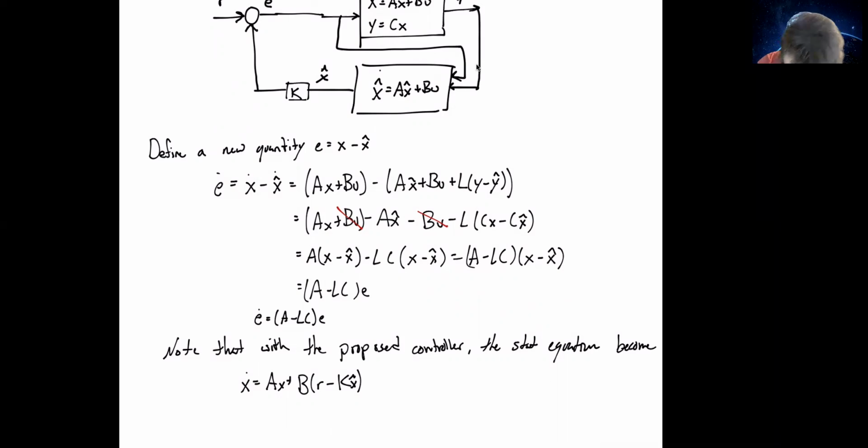Now we have that. So this leads to ẋ = Ax + B(r - Kx̂), and then we're just going to add in and subtract our BKx.